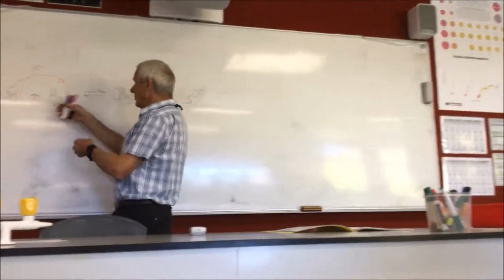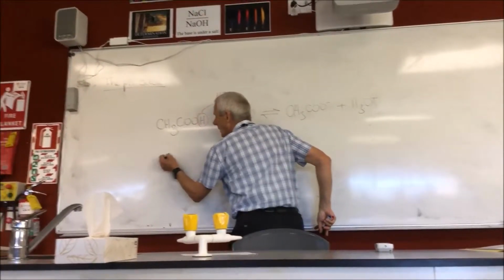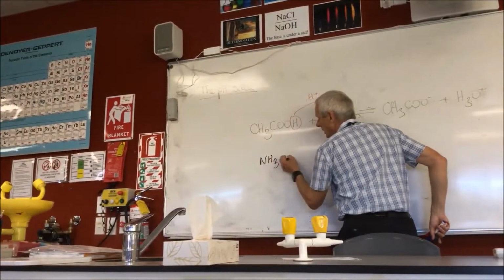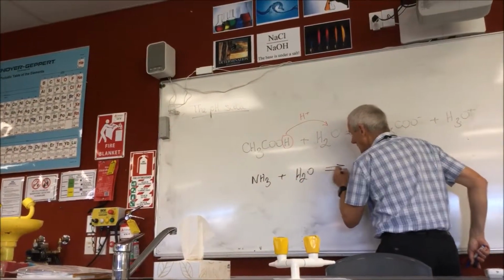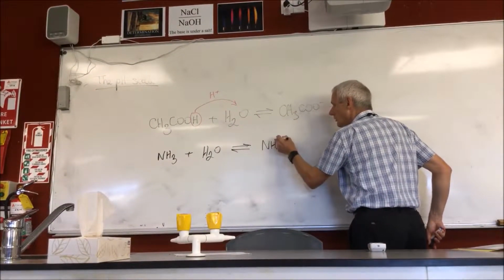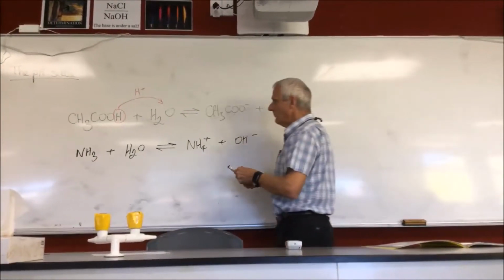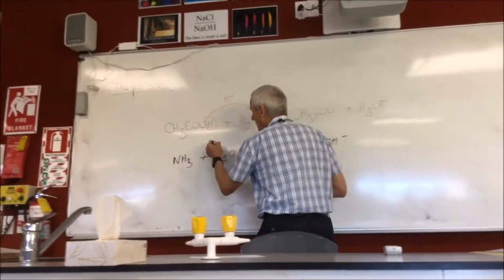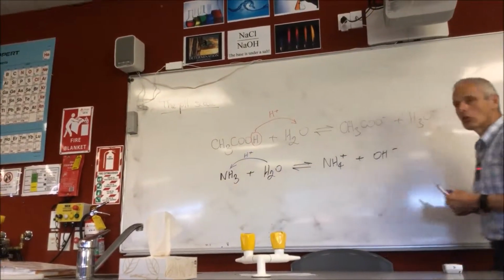Similarly, this is a little confusing for those who haven't seen it before, but if we take NH3, which is a standard base from last year, and we add water to that, again we get this reversible reaction, and we get NH4+ and OH-. And this time the H+ goes in the opposite direction, from water to ammonia.